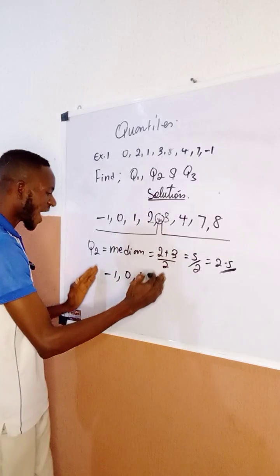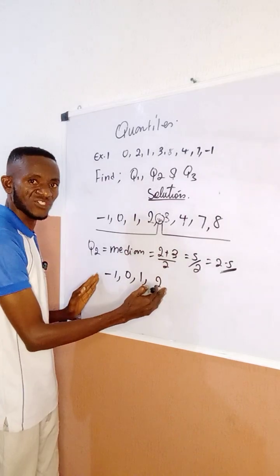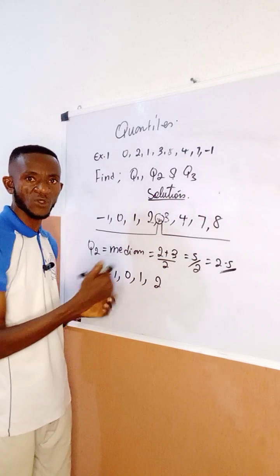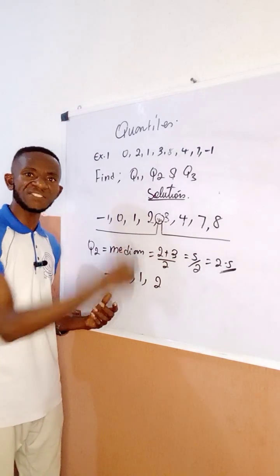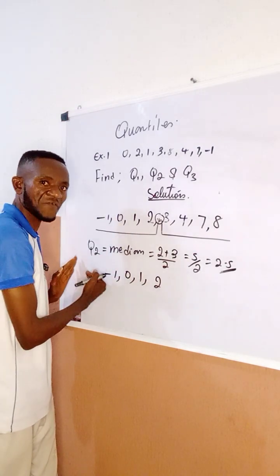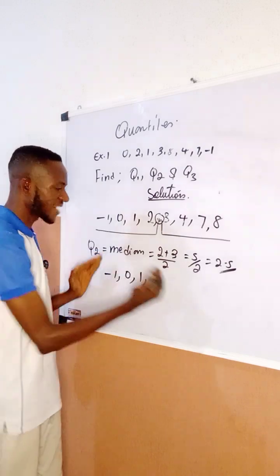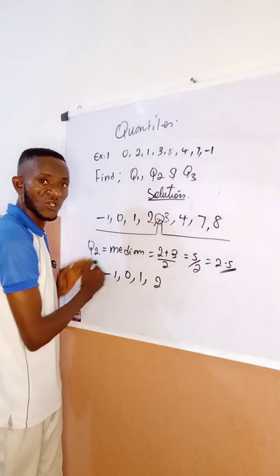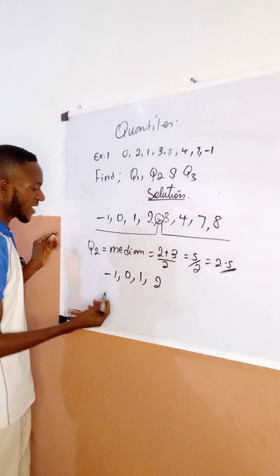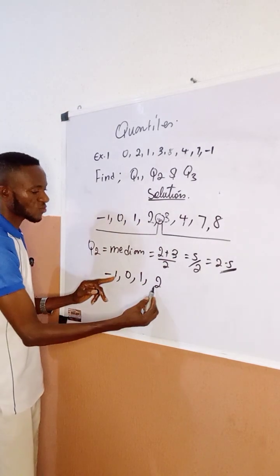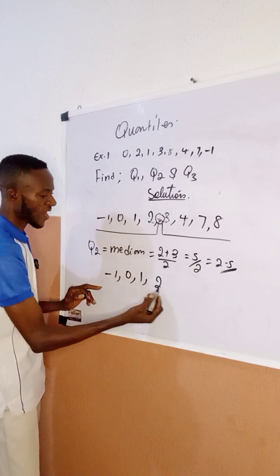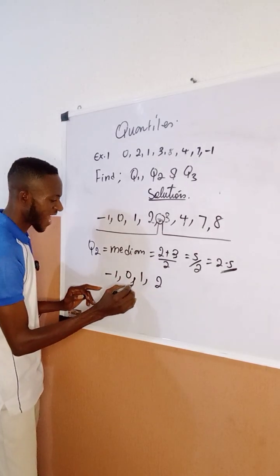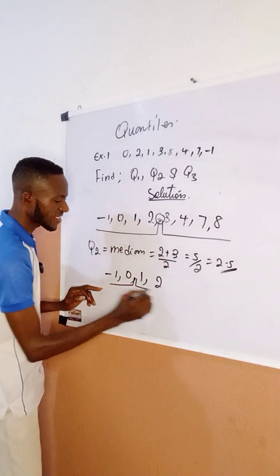It is from this half of the distribution that you are now going to find your Q1. And we have been told that our Q1 is the median of the first half of the distribution. And this is the first half of the distribution. So for me to find the median of this one, I'll count 1, 2, 1, 2, and you find out that the center lies here.